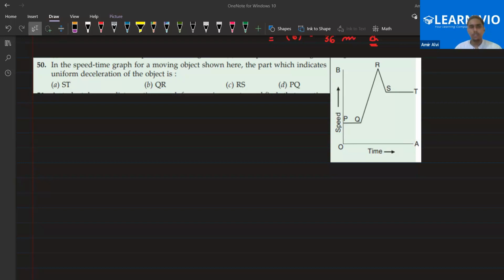Sarah, Farhan, any answer? Sir, from Q to R. Q to R. It means that QR. Okay. Anyone? Sorry, Sarah, what's the answer? QR.